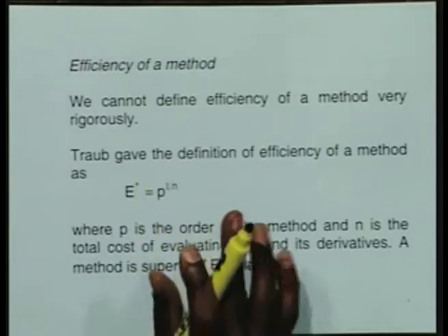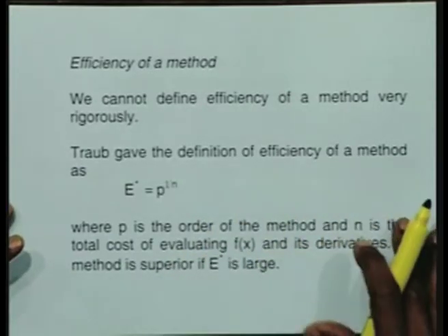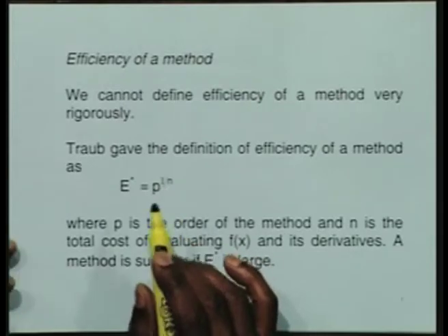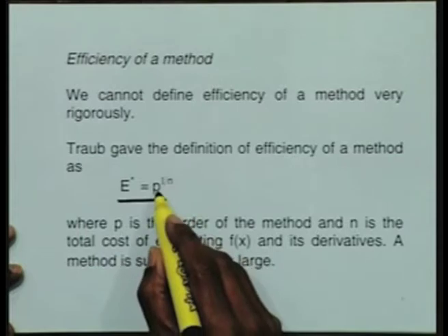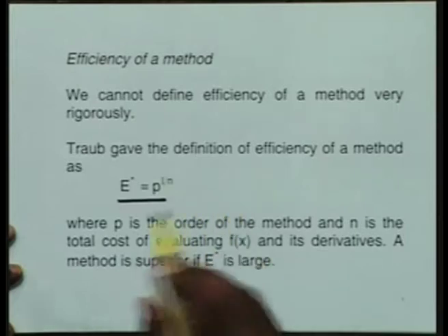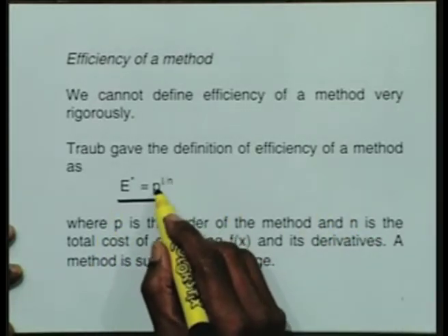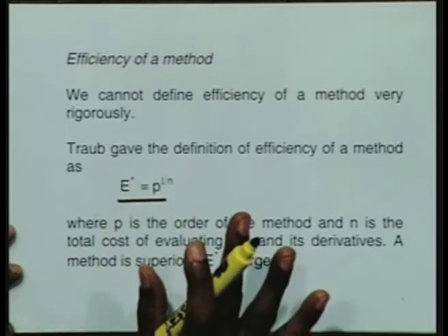Now, attempts were made to compare these methods from a different perspective, and one particular perspective was what they called the efficiency of a method. It is a very simple definition, which is not rigorous, of course. We cannot strictly say based on this that a particular method is good or bad, but it is a way of defining the efficiency of a method. You take P, the order of the method, count the total number of evaluations n, that means function as well as derivative evaluations, then take the root, that is P to the power of 1 by n, and that shall be called the efficiency of the method.